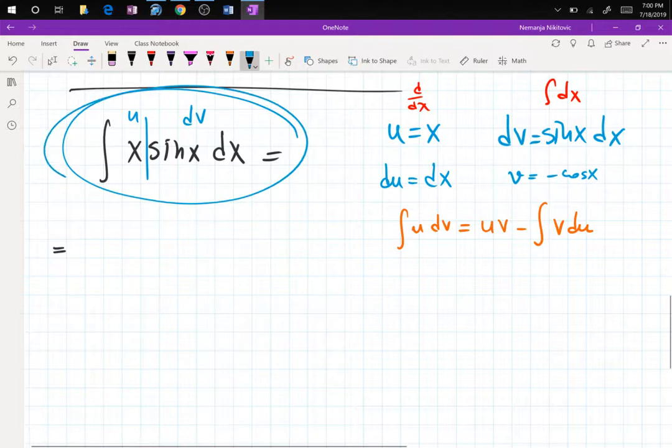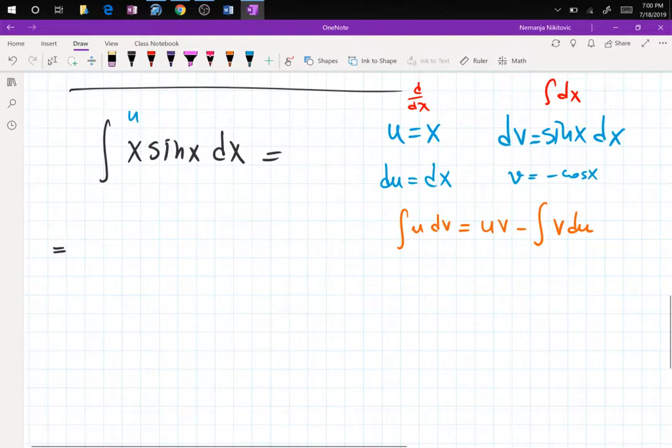I need to compile the right-hand side only. So we start with u times v, which is x times negative cosine x.